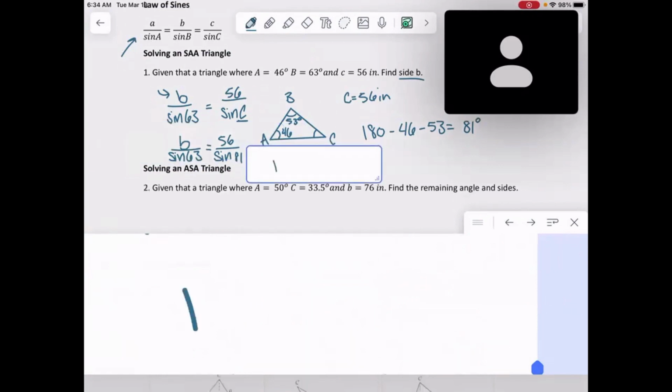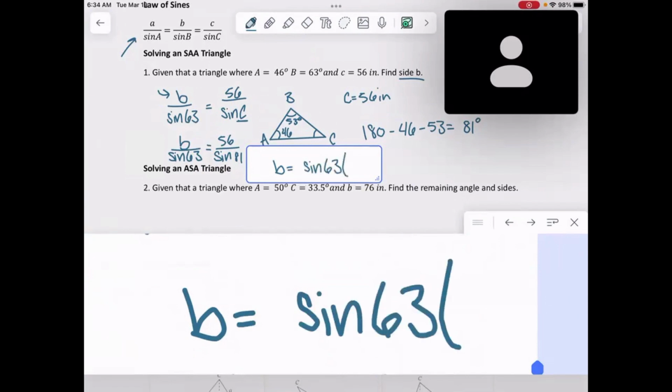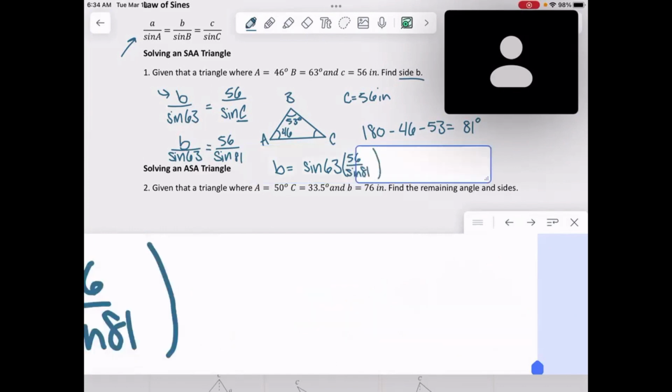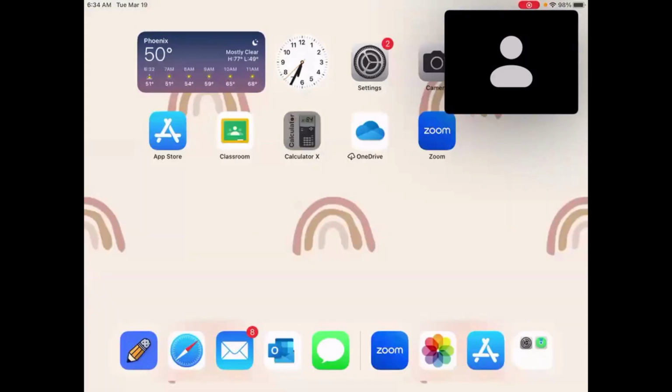So we would say B equals the sine of 63 times 56 divided by the sine of 81. When you plug this into your calculator, make sure your calculator is in degrees. Those angles are given to us in degrees. So your calculator needs to be in degrees.